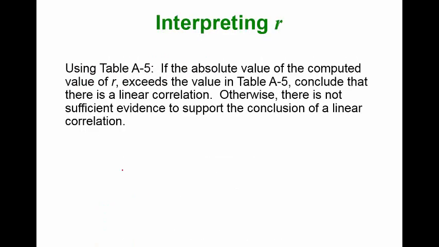Now, when we get our correlation coefficient r, we're interested in finding whether this is a good correlation or not. To figure out whether it's good or not good, we're going to use table A5, that is the Pearson table for correlation.